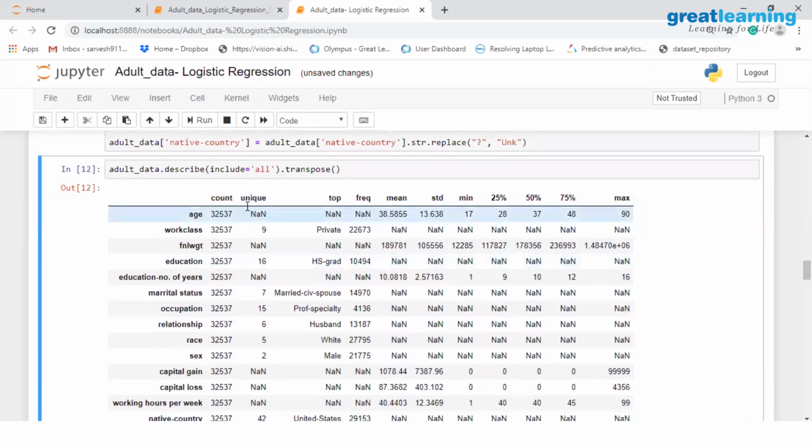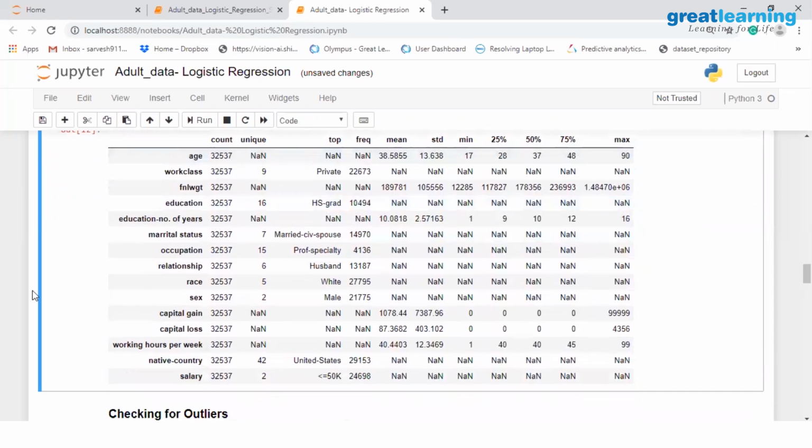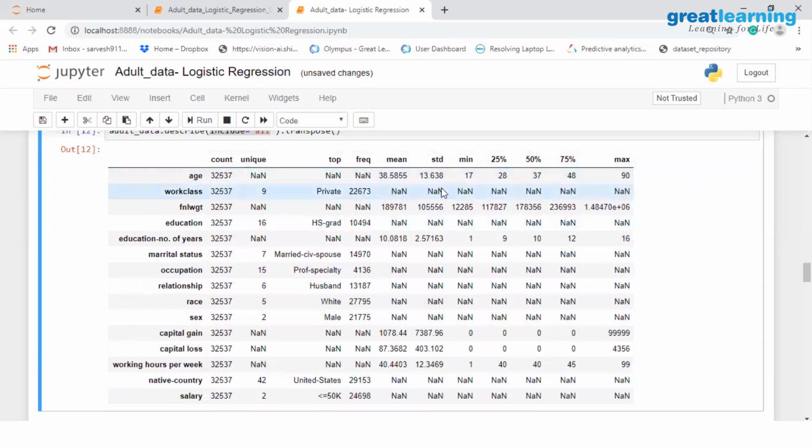Describe with include all is going to show even the categorical variables. For the age, the mean is 38.5, the average age, and the standard deviation is 13.6. And for the education number of years, we have a mean of 10 years of education and a standard deviation of 2.5.